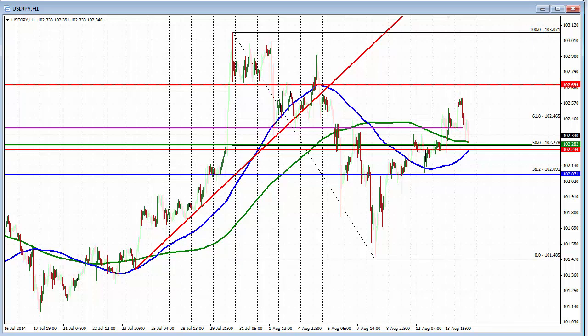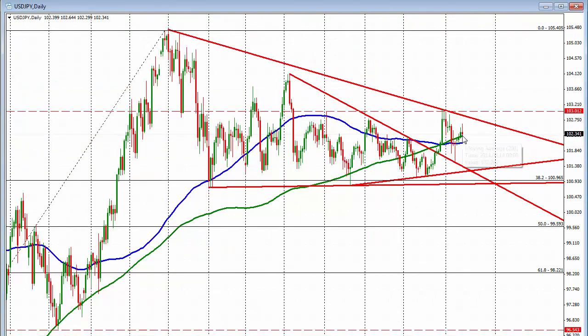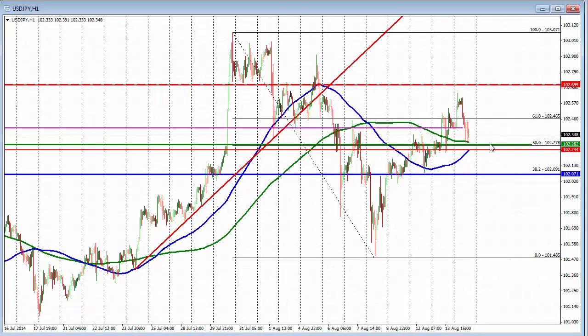And we also have the 200-day moving average, which is this green line right here at the 28 level, overlaid right here with this horizontal line. So there's a lot of stuff going on right here, not to mention the 100-hour moving average. All this is support here for the dollar versus yen, this yellow area.